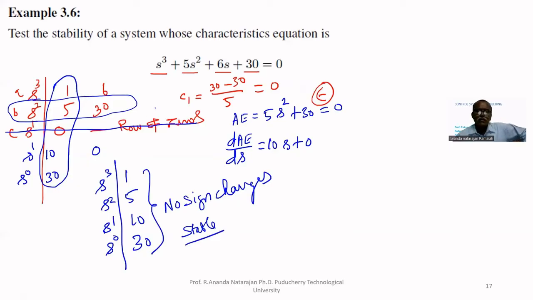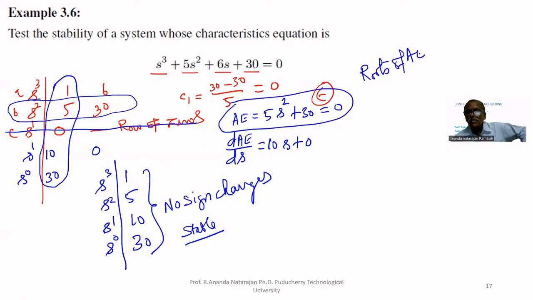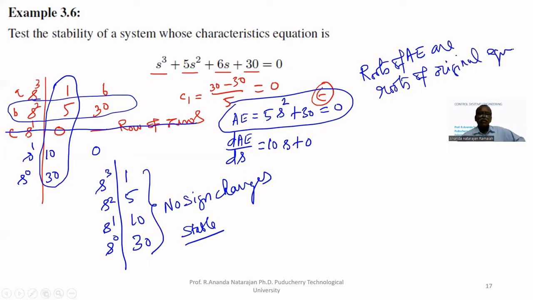Here we have to consider the auxiliary equation. Roots of the auxiliary equation are roots of the original equation. What is the original equation? S cube plus 5s square plus 6s plus 30.